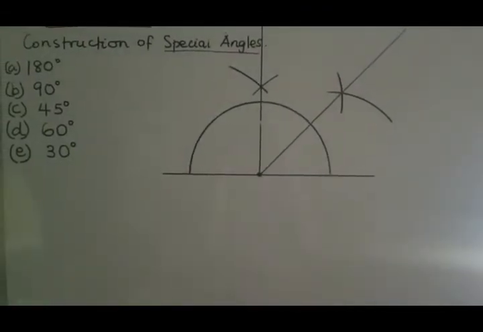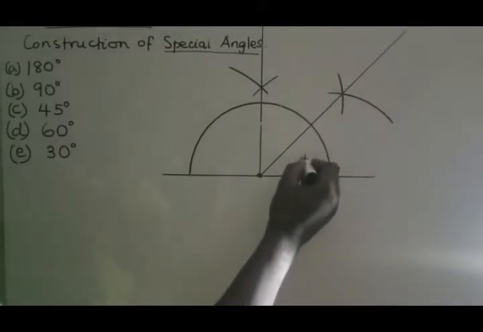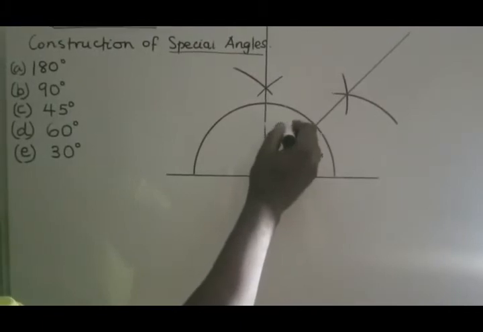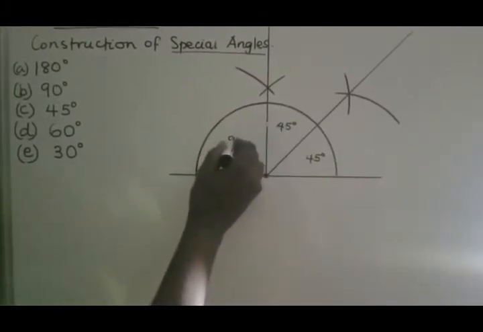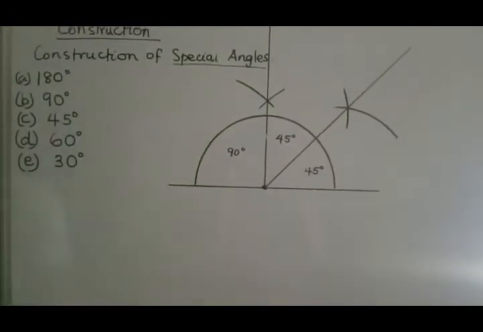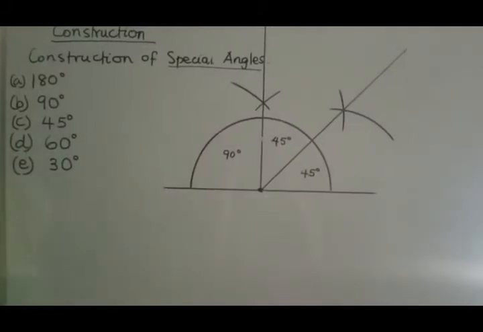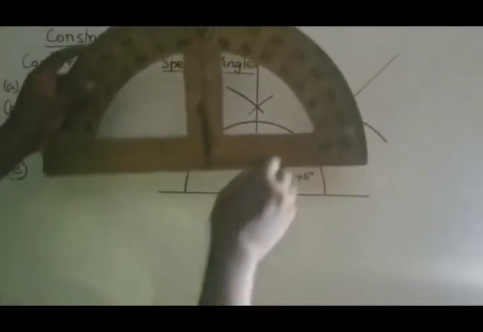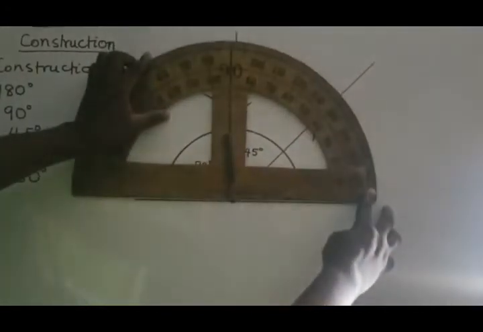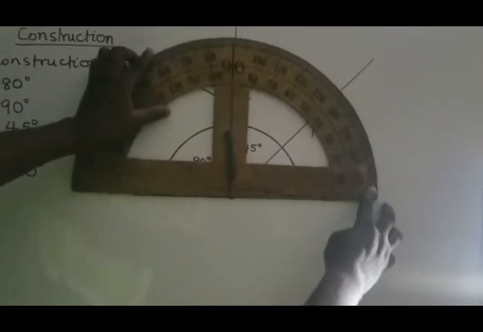That is 45 degrees. So if you look at it, here is going to be 45 degrees, and this place is going to be 45 degrees, and this side is 90 degrees. Now, you may want to check whether your work is correct. Just get your protractor and then put the baseline on it, like this.